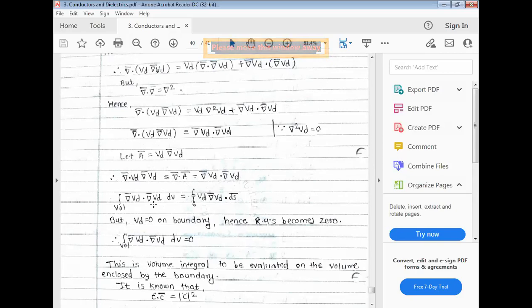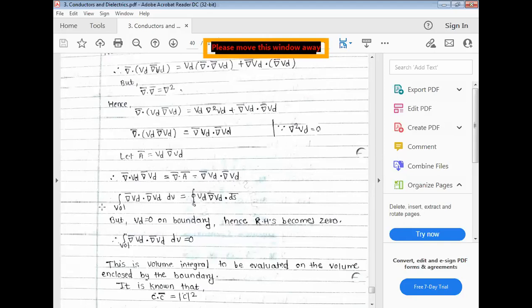Now the volume integral, according to the divergence theorem. The divergence theorem is the volume integral of del dot A bar dv is equal to the closed surface integral of A bar dot ds bar.